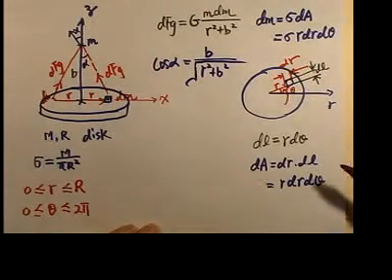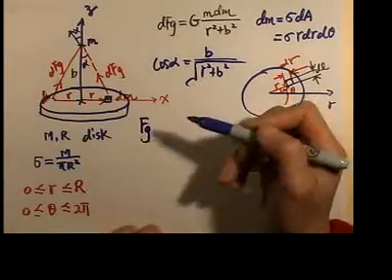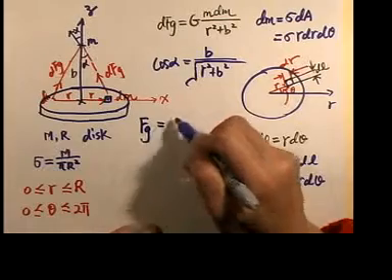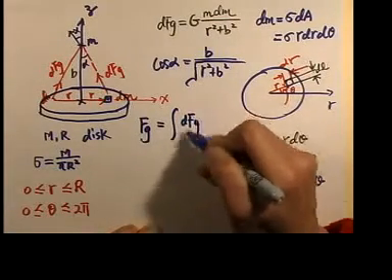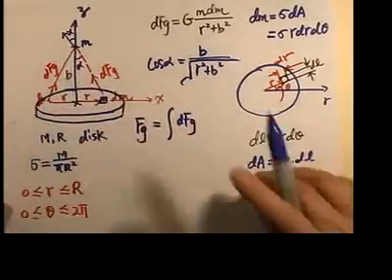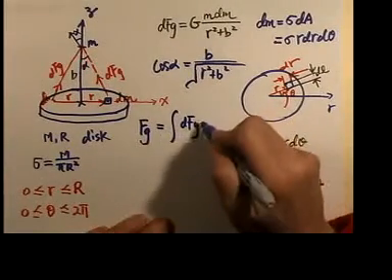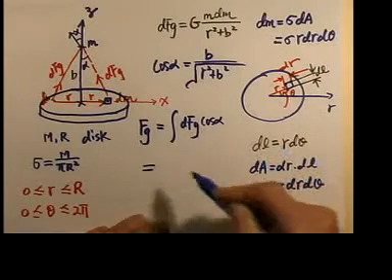So it comes down to that the gravitational attraction between point mass m and the disk is the summation of all the dF_g times cosine alpha. Now let's look at the expression.